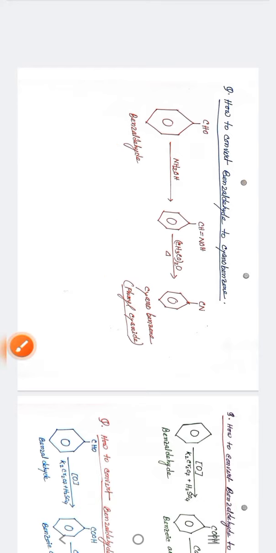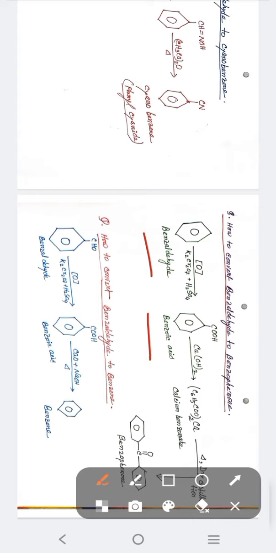Next conversion. How to convert benzaldehyde to benzophenone? Benzaldehyde is oxidized by K2Cr2O7, potassium dichromate, and sulfuric acid, H2SO4, to form benzoic acid.